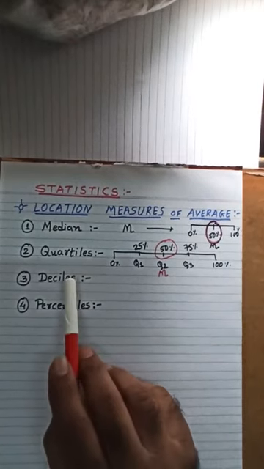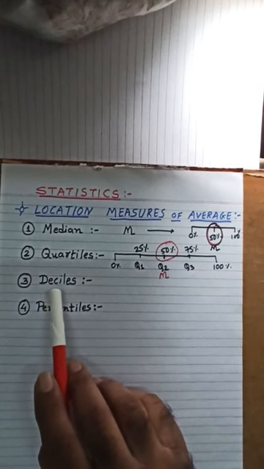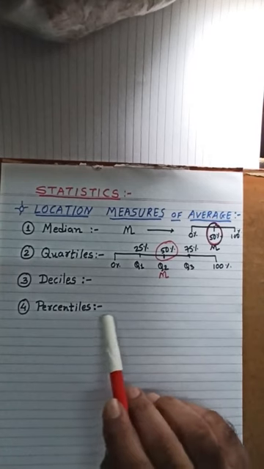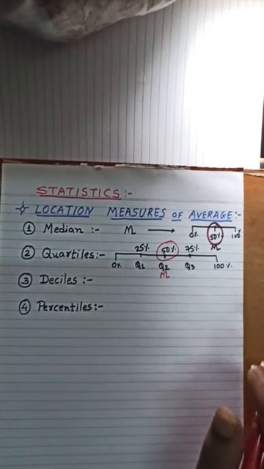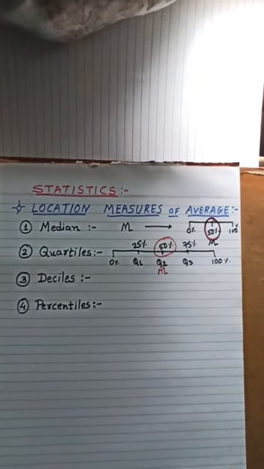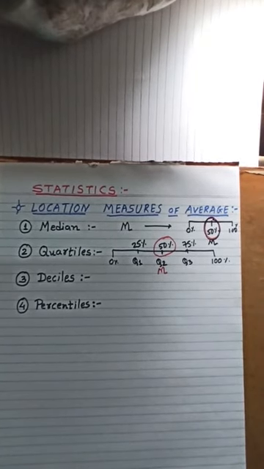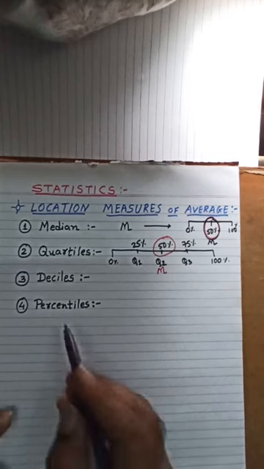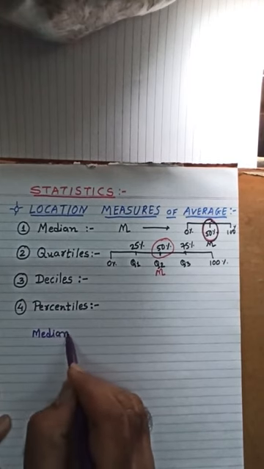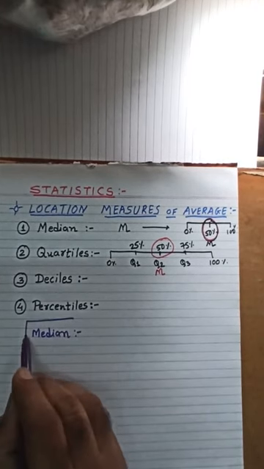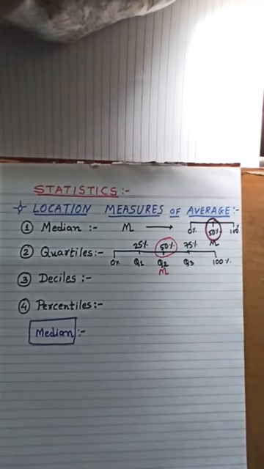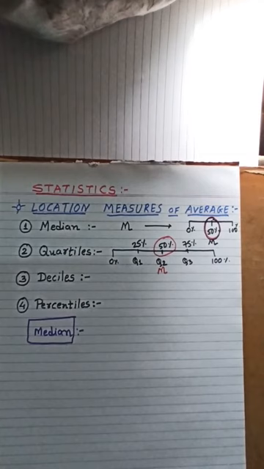For deciles, there will be 10 parts of the data, and for percentiles there will be 100 parts of the data. That we will discuss later on. Today we will go for median. Median is the observation which is exactly in the middle of the data.